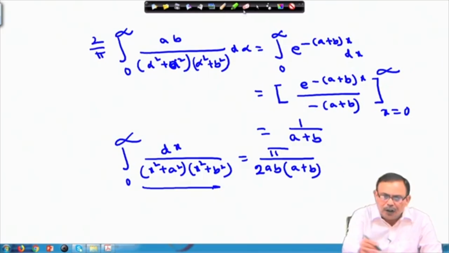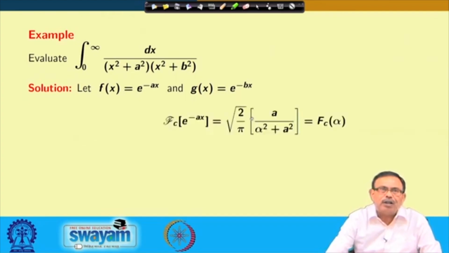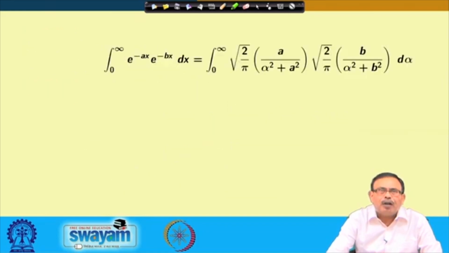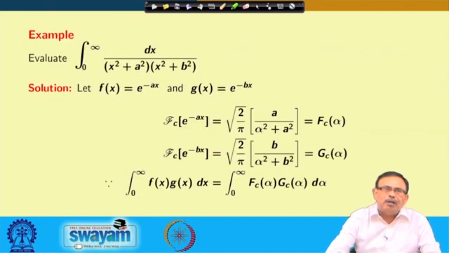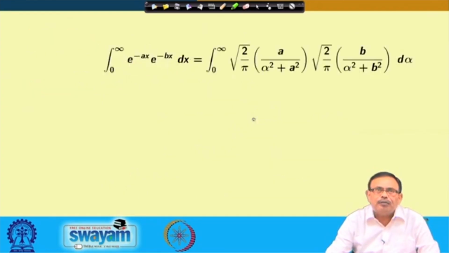So, if you see here, your f x and g x are these, and you know the Fourier cosine transforms of e power minus a x and e power minus b x are these. Once I have this theorem, and f x, g x are known to me, and capital F c of alpha and capital G c of alpha are known to me, we obtain from that theorem that 0 to infinity e power minus a x into e power minus b x dx equals this integral.